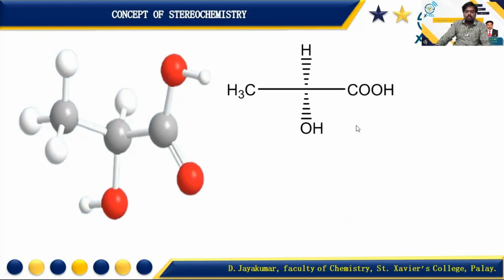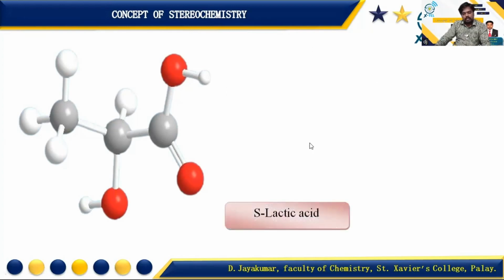In this example, my eyeball goes from 1 to 2 to 3, priority 1, priority 2, priority 3, anti-clockwise direction. So it is S. So the molecule is S-lactic acid.